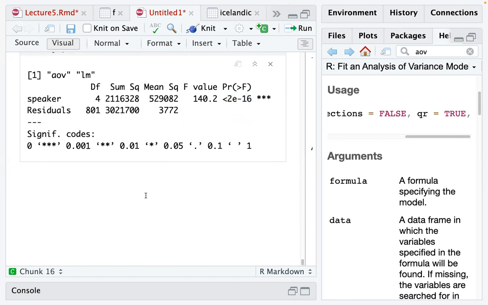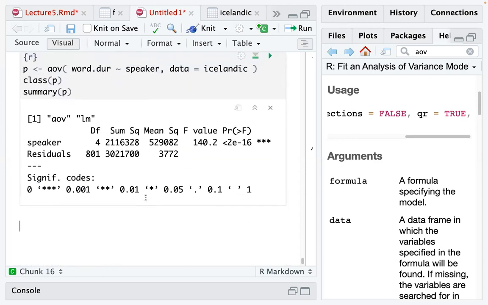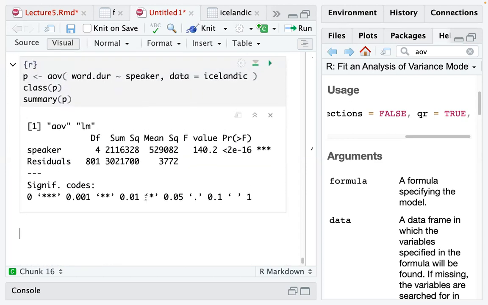So this is the idea. But you see, from this test, you don't know precisely which speaker differs from another.